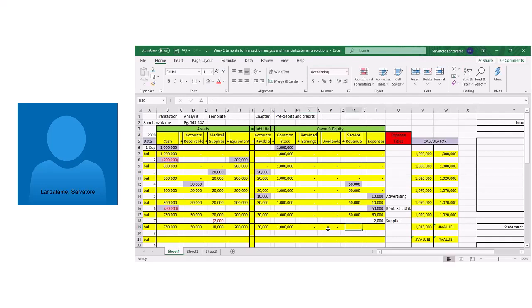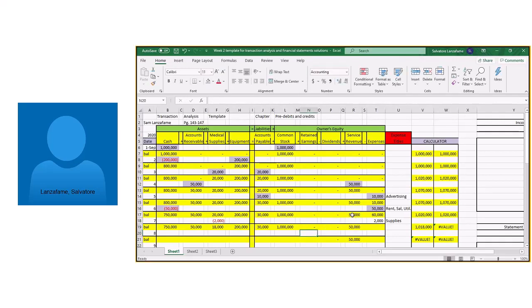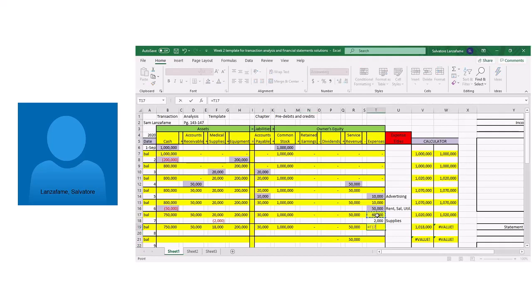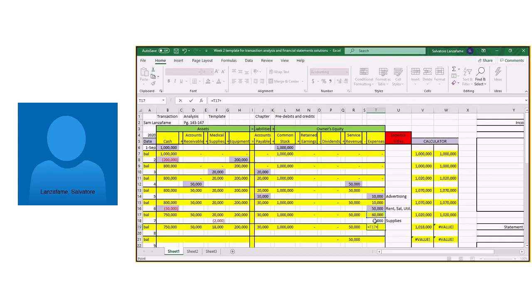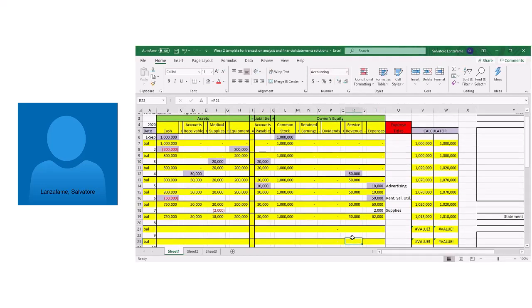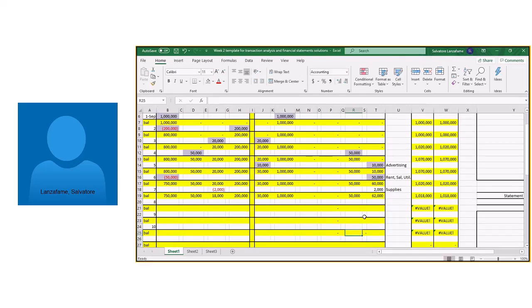Dividends are still 0. Revenue 50,000, and now our expenses are up to 62. So now this company is in the red by 12,000, right? 50 minus 62 gives you 12.